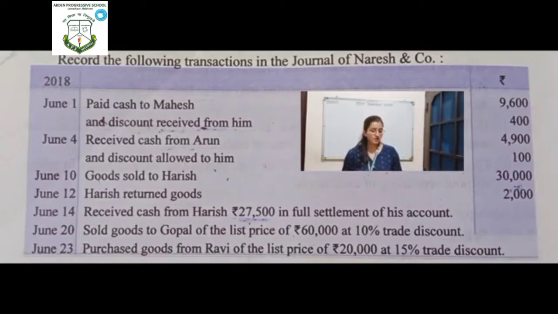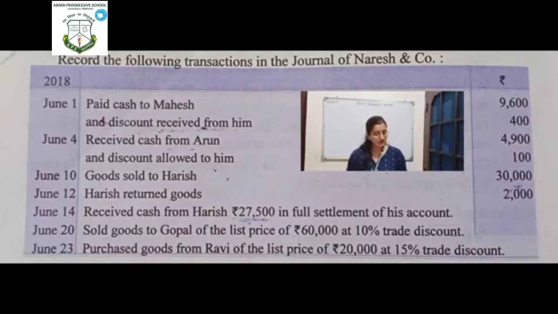So cash is paid to Mahesh amounting to rupees 9,600 and discount is received from him rupees 400. 4th June, received cash from Arun rupees 4,900 and discount allowed to him rupees 100. Then June 10, goods sold to Harish amounting to rupees 30,000. 12th June, Harish returned goods amounting to rupees 2,000.